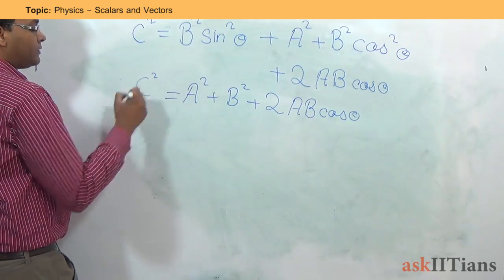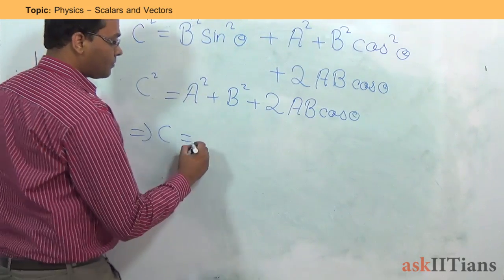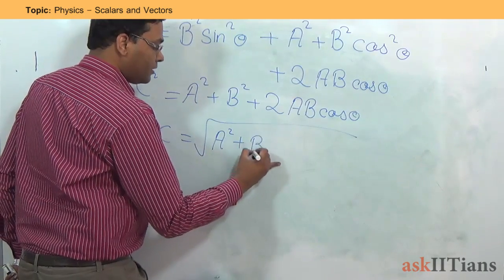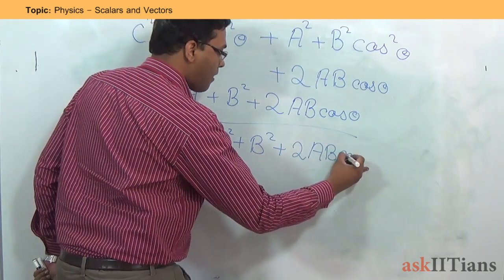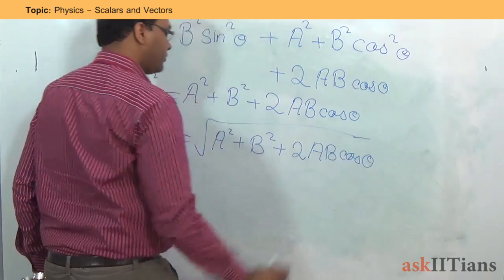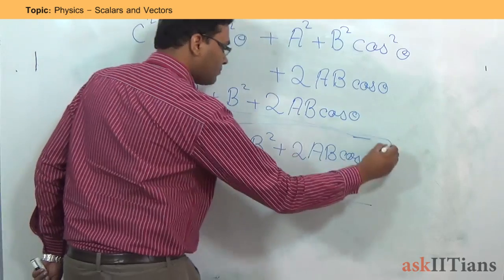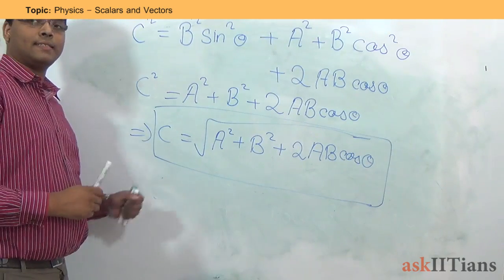So this is the value of C square, and therefore C becomes equal to root over A square plus B square plus twice AB cos theta. So this is the relation that we have for the case of the resultant.